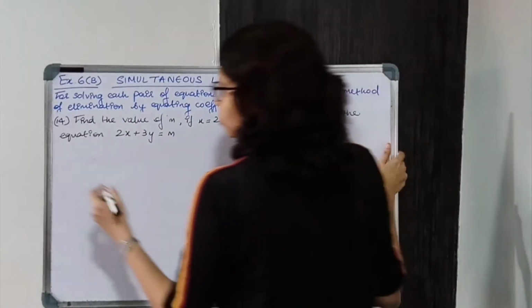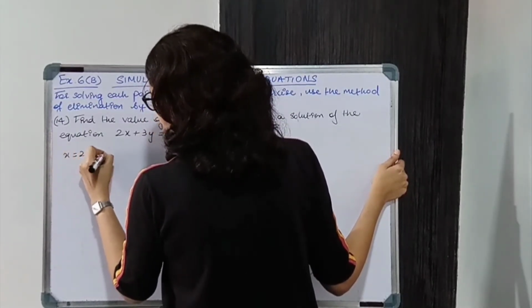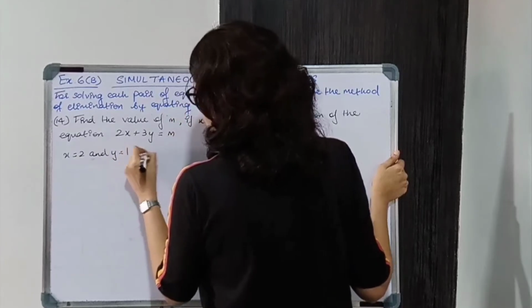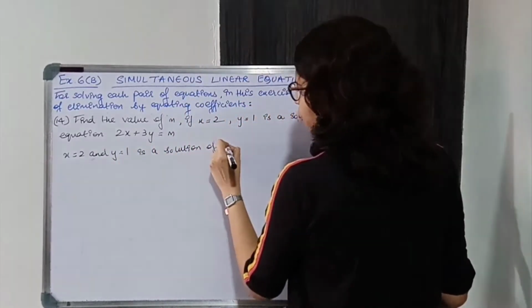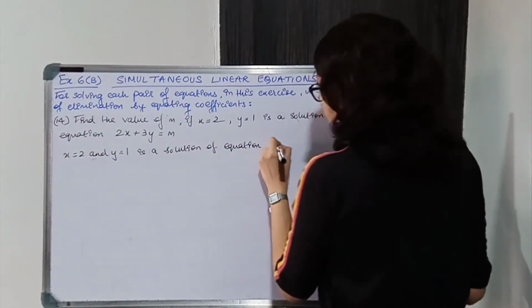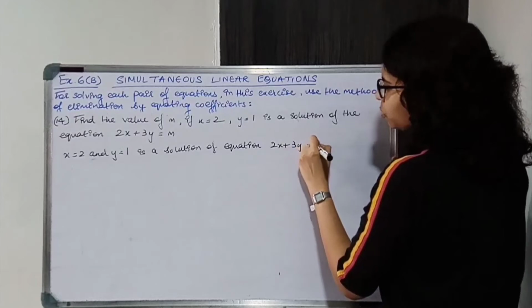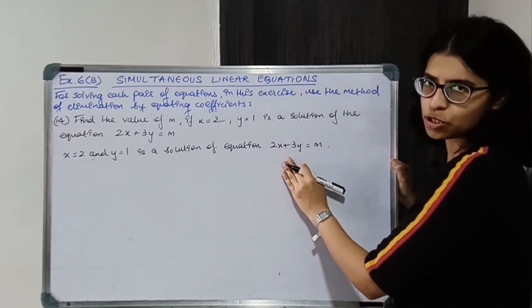Okay, so first write down x equal to 2 and y equal to 1 is a solution of equation 2x plus 3y equal to m. Okay, now since it is a solution, we can substitute in this.